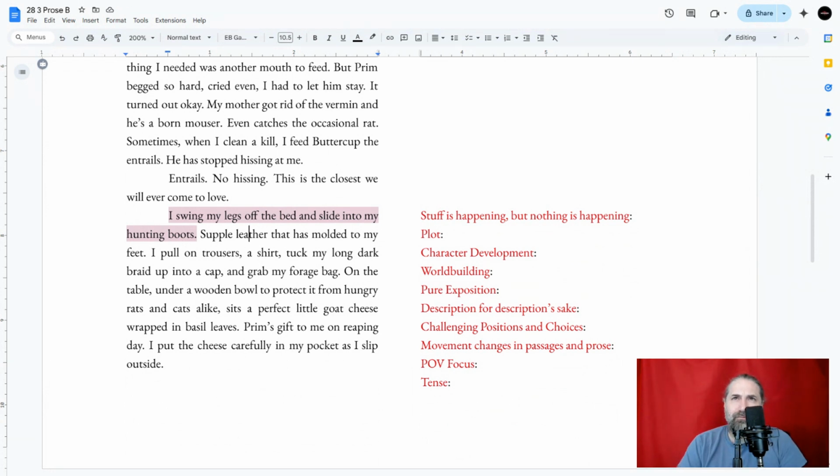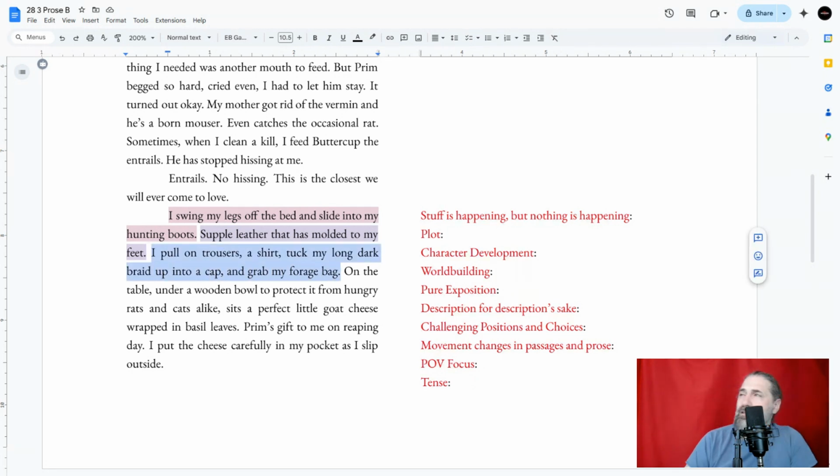Okay, so now that she's in the hunting boots, now we have to say "supple leather that has molded to my feet." So the narrative movement is she gets up, throws her legs over, and she is now into the hunting boots. Now we describe the hunting boots to create immersion.